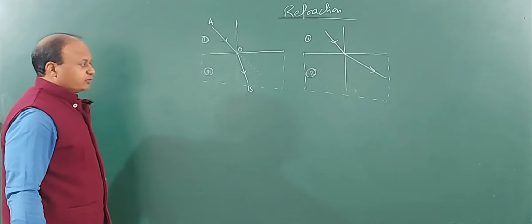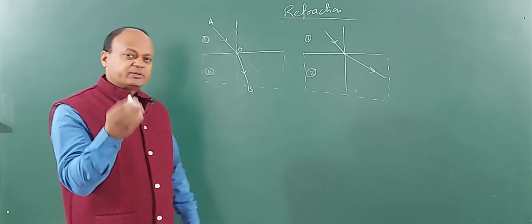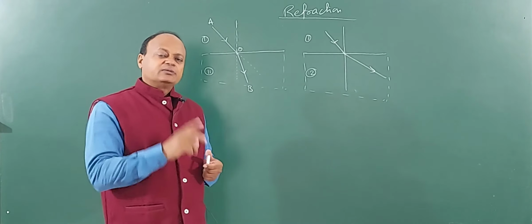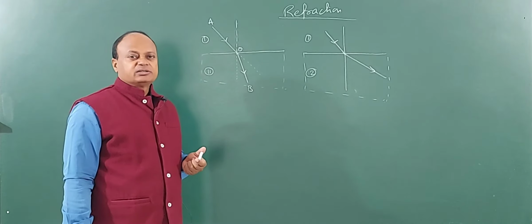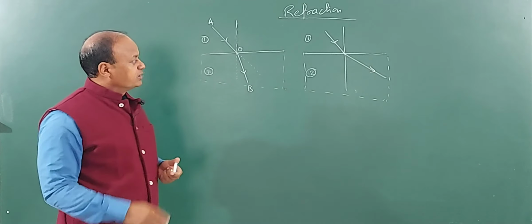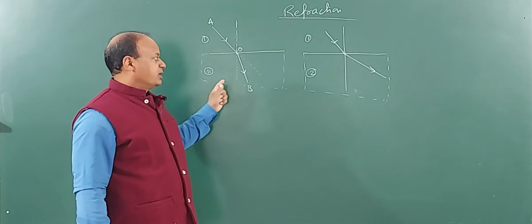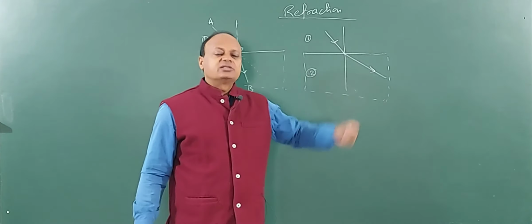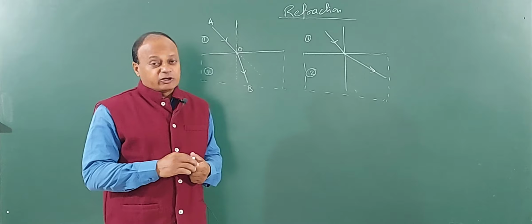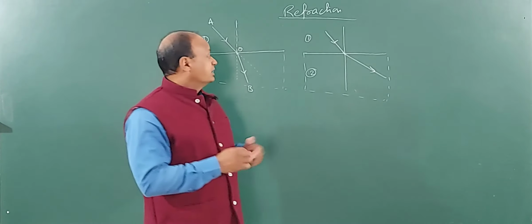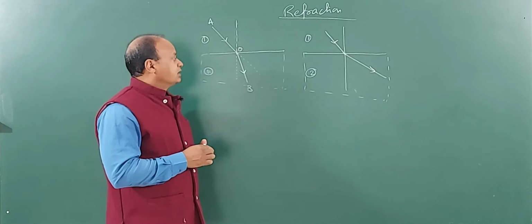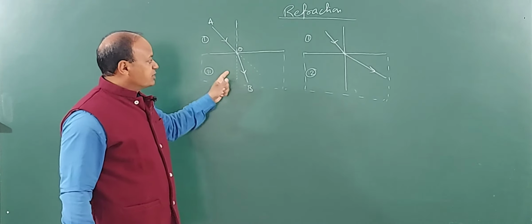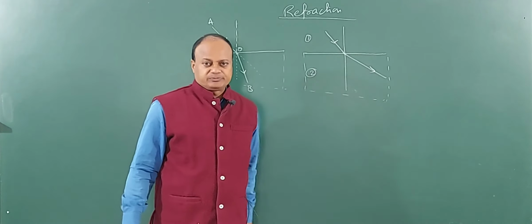So we conclude therefore that when light is traveling from one medium into another medium, then the light will deviate from its original path, and then two things can happen: either it will bend towards the normal or it will bend away from the normal. Now a third thing can also happen, that the light will get fully absorbed, but that's not part of discussion just now. Light may bend towards or light may bend away.